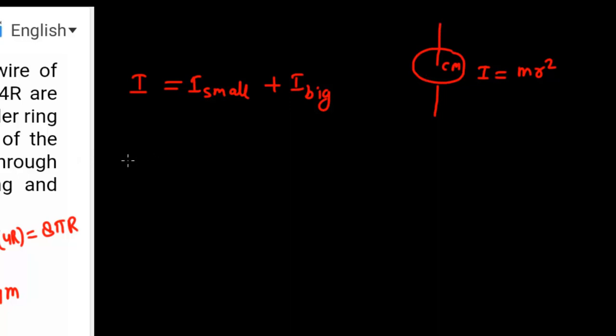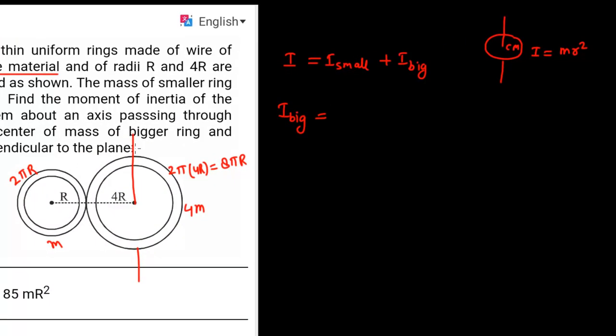Now for I big, the axis is this one, and the axis is passing through the center of mass of the bigger ring. So we have to put 4m instead of m, and the radius is 4r, squared. So this is 64 m r square.